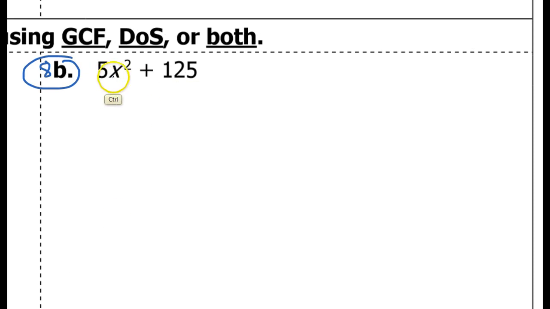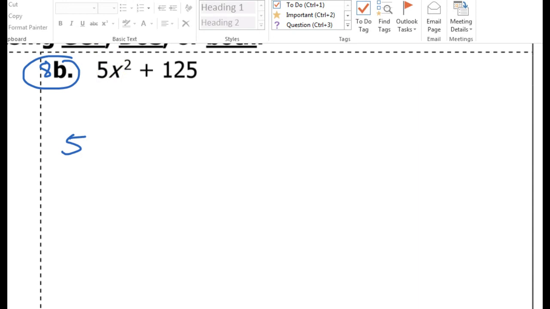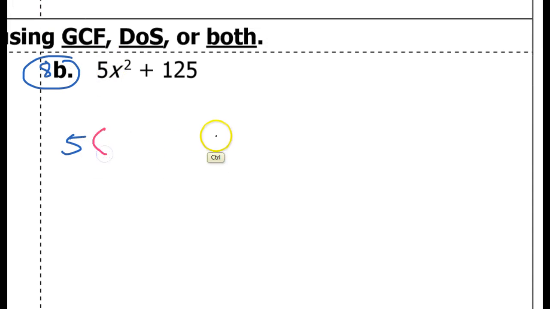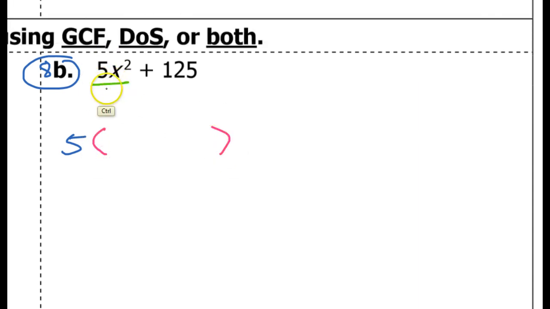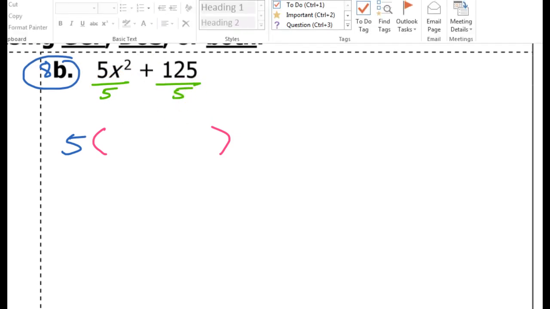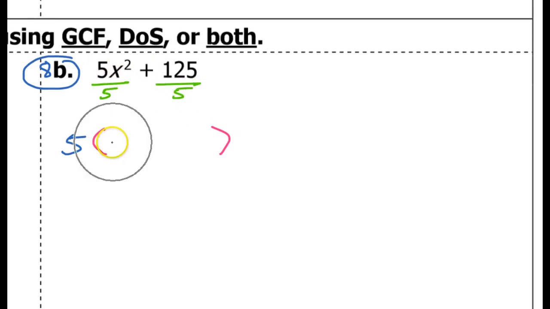Okay, looking at 8b. Both of these are divisible by 5. The second number has no x's, so that means the GCF is simply 5. I'm going to set up my parentheses for the leftovers. And again, to figure out what goes inside, I'm simply going to divide by my GCF. So these 5's cancel each other out.